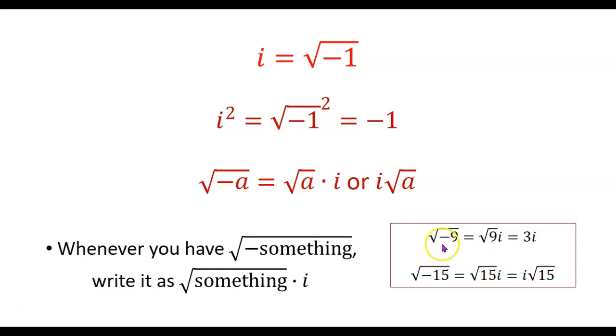So for example, the square root of negative 9 would be the square root of positive 9 times i. And the square root of positive 9 is 3, so that would be 3i. The square root of negative 15 would be the square root of positive 15 times i. Or in this case, we might write the i in front so that it doesn't confuse anybody and make it look like the i is underneath the square root sign. The 15 is, but the i is not. So we can write it as i times the square root of 15.